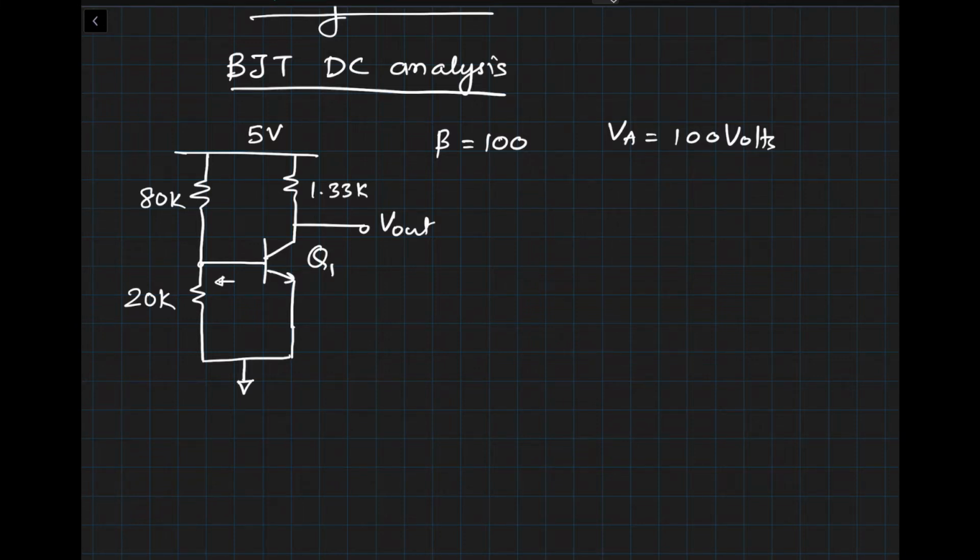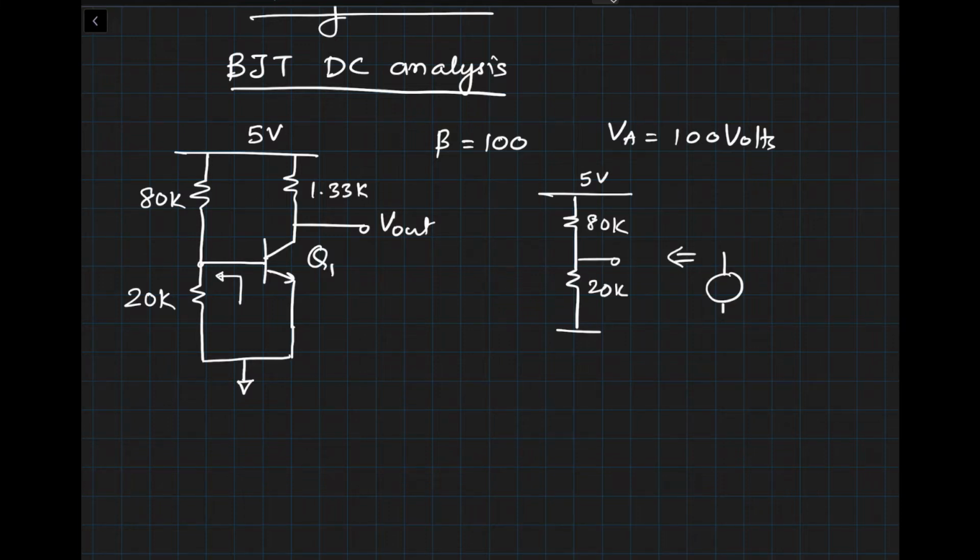Now let's get into the details. The first thing we will do is look at Thevenin's equivalent looking back this way. Refreshing your memory, if you have two resistors like this and you have 5 volts, then this Thevenin's equivalent is going to look like a voltage source VTH and a Thevenin's resistance RTH. What is the value of VTH?